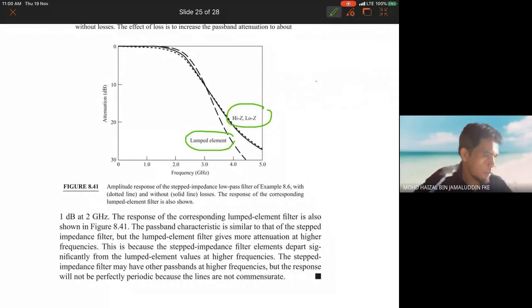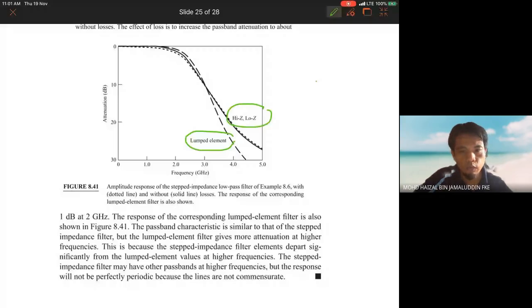In this case, the step impedance filter element departs significantly from the lump element value, and we can see that the attenuation is higher compared to the lump element.